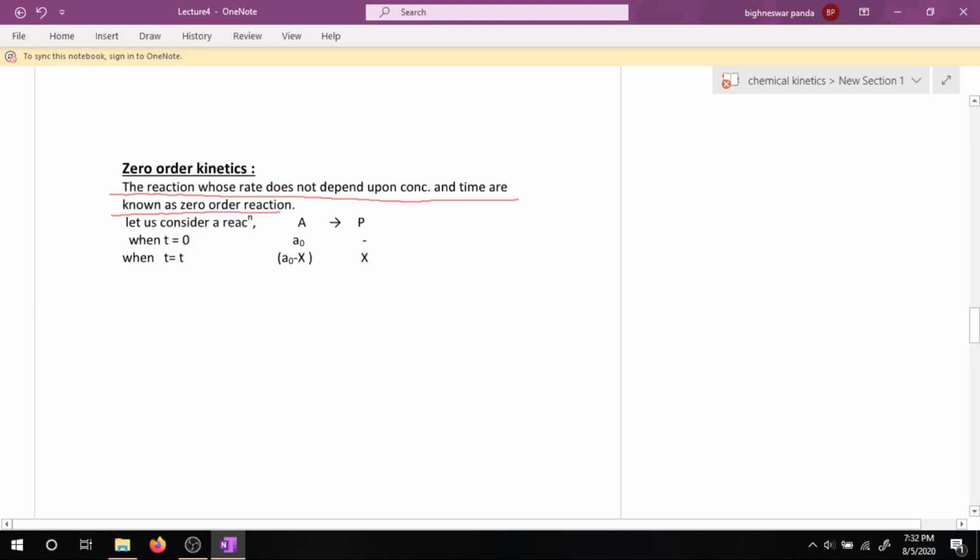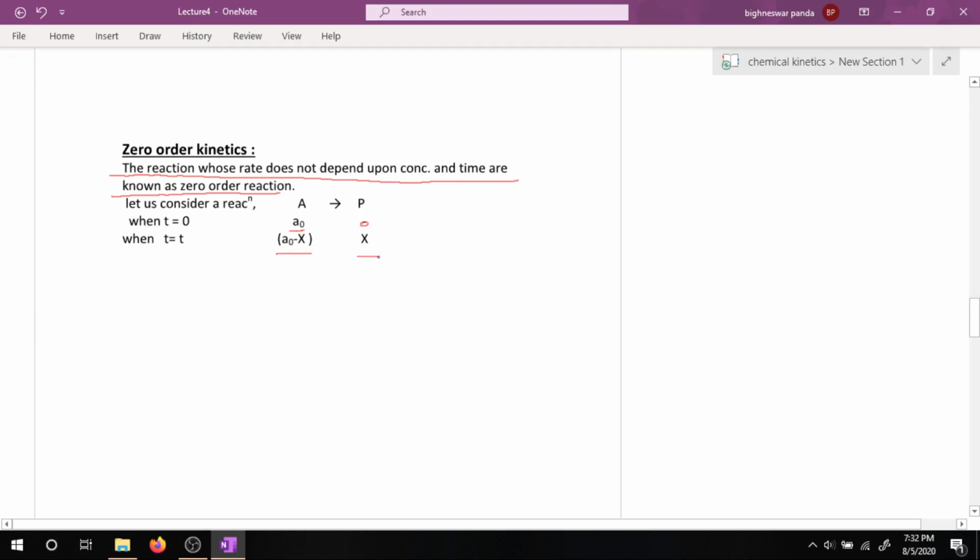So let us consider a reaction A gives rise to product. When time t is equal to 0, the initial concentration is A naught and the product is 0, and when t is equal to t, after some time the concentration left will be A naught minus x, and x.